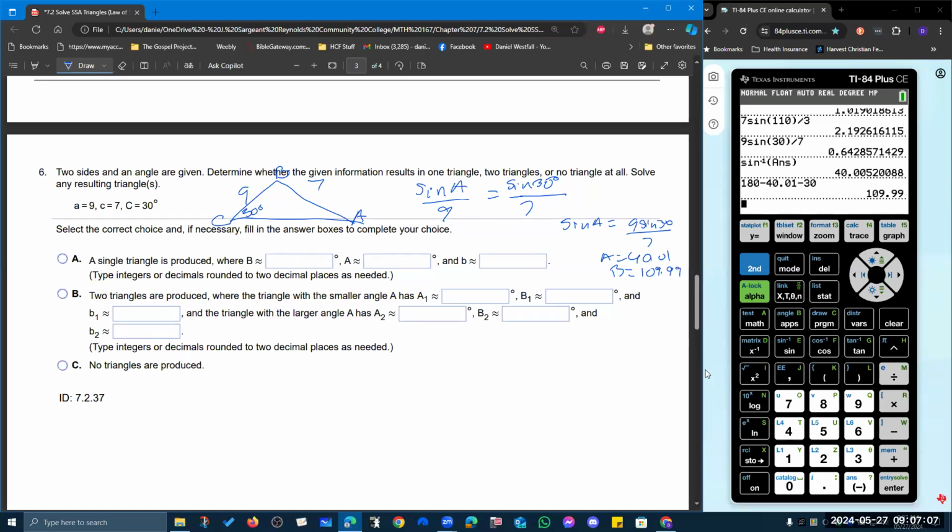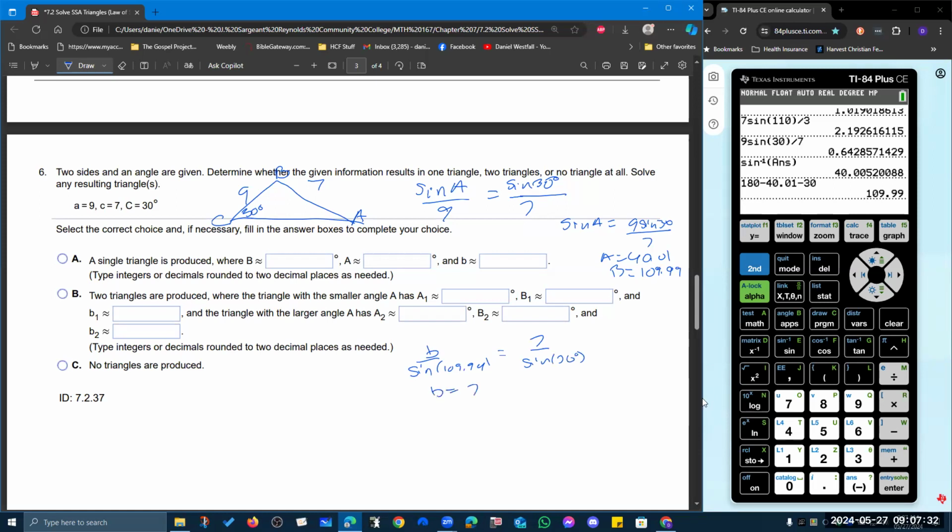Now we want to find side B to finish this up. So B is to sine of 109.99 as 7 is to sine of 30. Notice I'm always using the pair of given side and given angle as much as I can here.